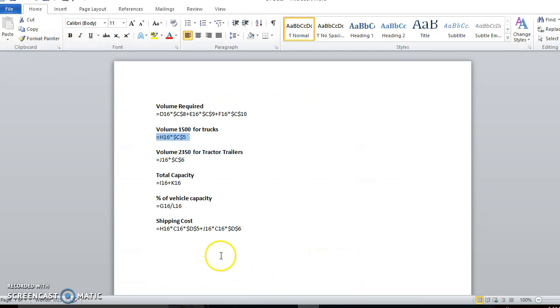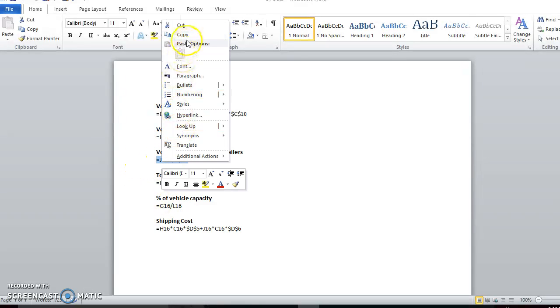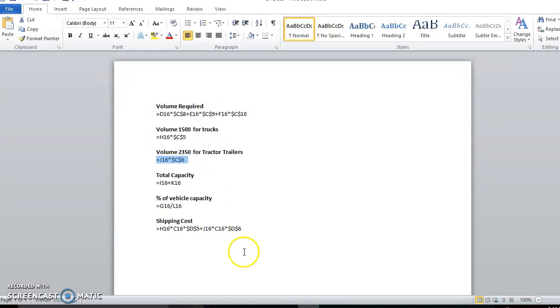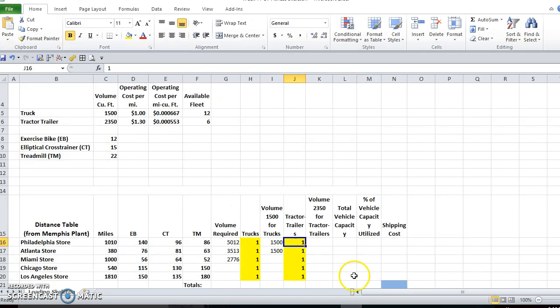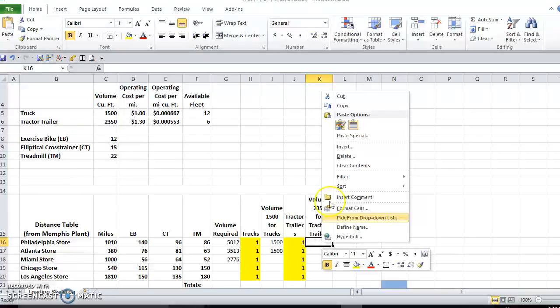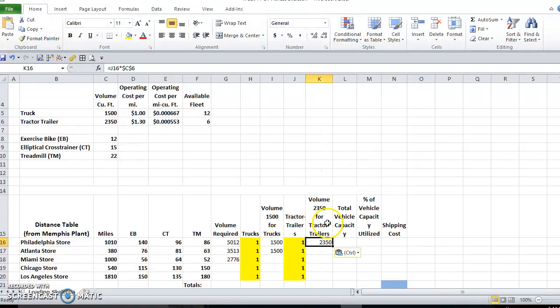I'll just grab that: J16 times C6, copy, and paste. Again, you would simply copy and paste those the whole way down through here. Now the total capacity is I16 plus K16.